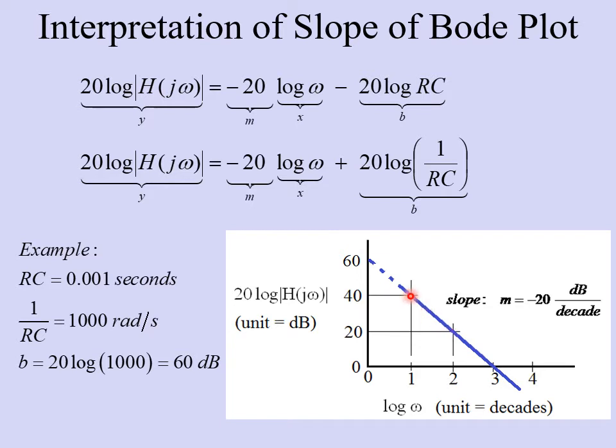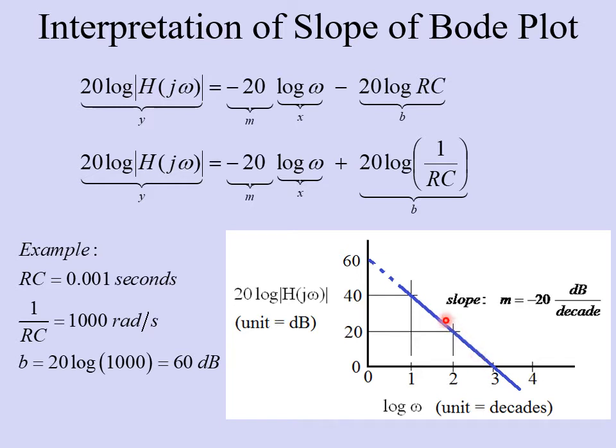It's a negative slope, it's going down, so the slope is negative 20 decibels for each decade of frequency. Then when we go from 20 decibels down to 0 decibels, that's another negative 20 decibels, and it occurred over 1 more decade in frequency. So this is a different way of showing how to plot frequency response versus frequency.